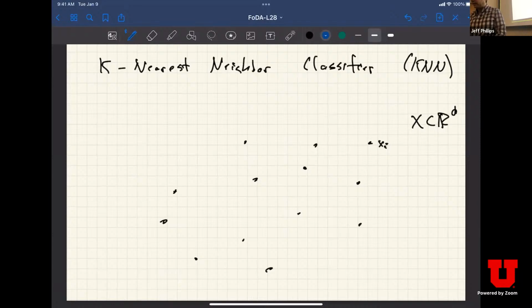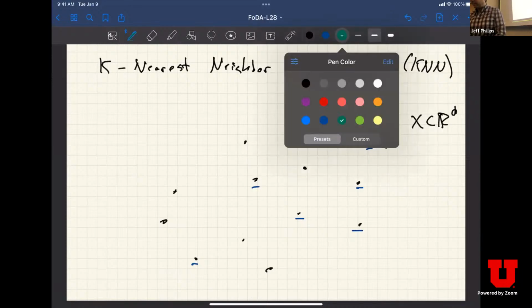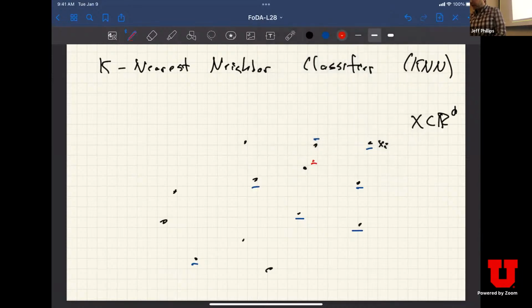Each of these points has a label associated with it, and it's either a plus or a minus. Those were the minus points, the red ones are the plus points.